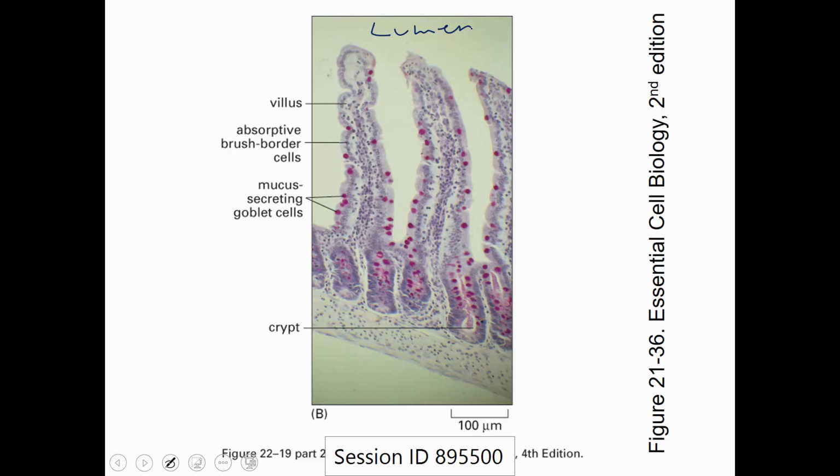In some cases, you find these projections, the architecture forming what are called villi. These villi are a larger structure. Microvilli are apical projections on cells. Villi are where you have a projection of the epithelial tissue and the connective tissue core, increasing surface area to an even greater extent.